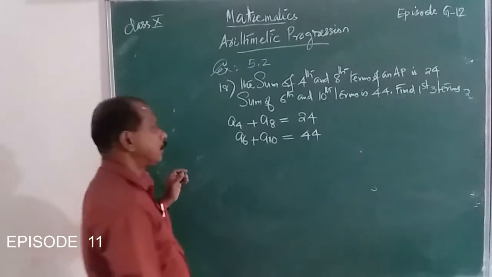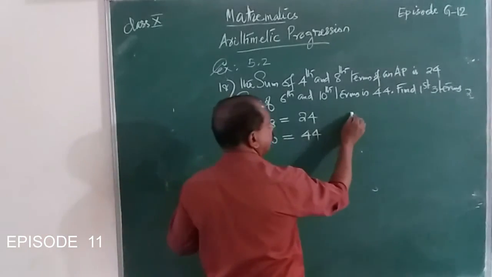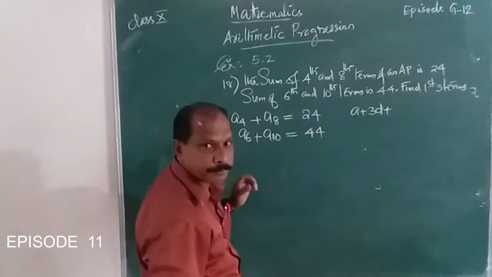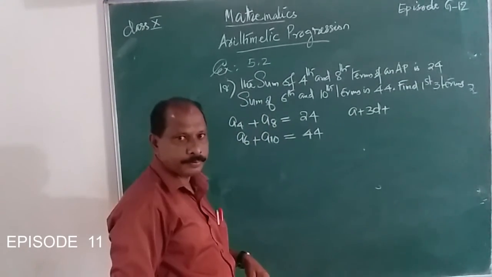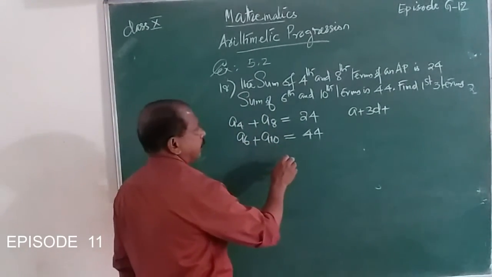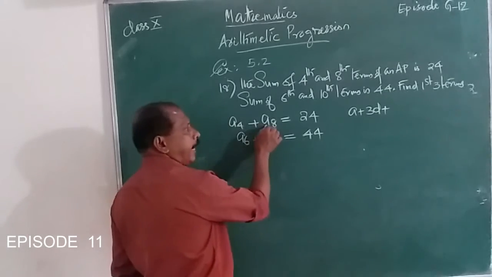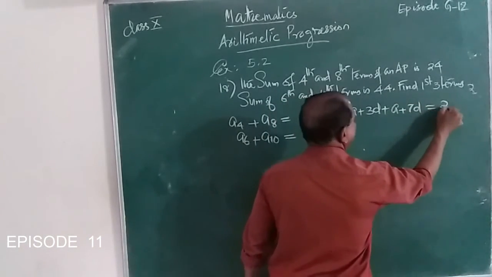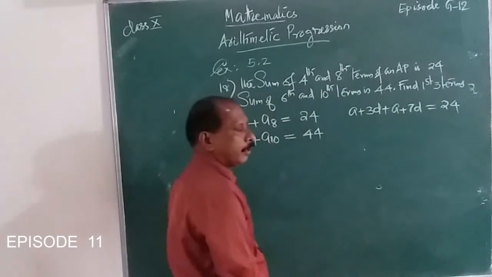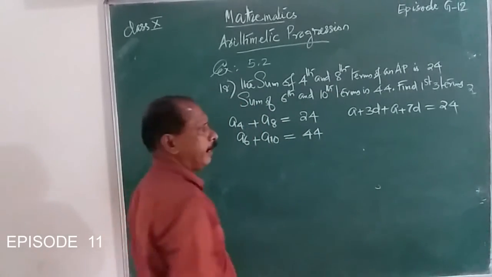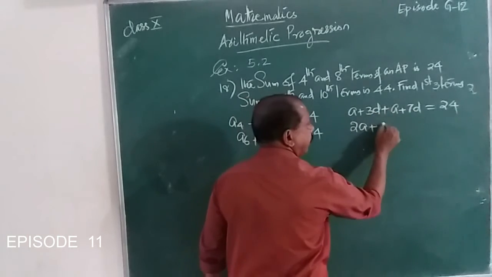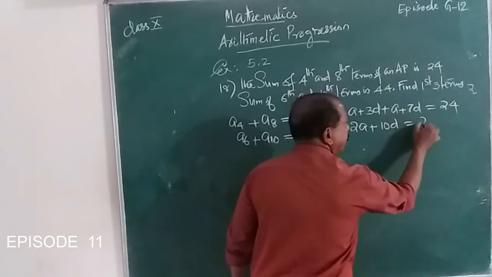A4 is A plus 3D, plus A plus 7D is equal to 24. Adding these, we get 2A plus 10D is equal to 24.